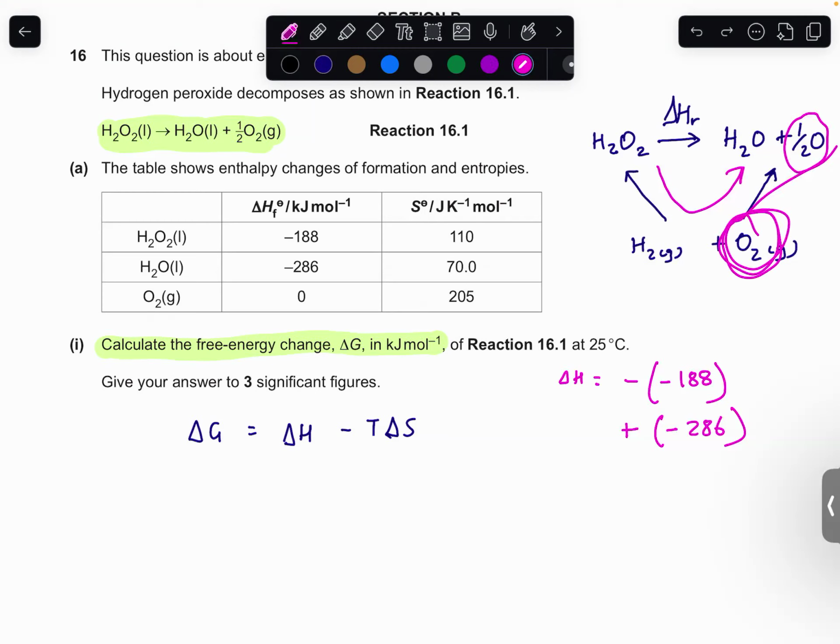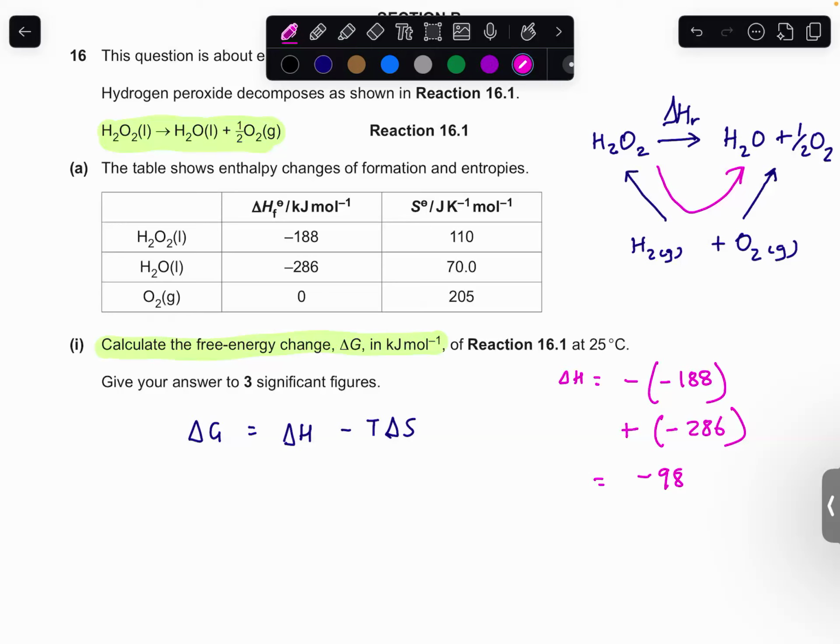Whoops, I missed a 2, didn't make it diatomic here. The energy change from O2 to O2 will be 0 because there's no chemical change happening. So delta H would equal that's minus 98. We'll come back to that value in a moment.